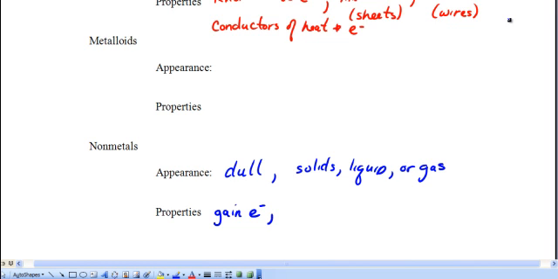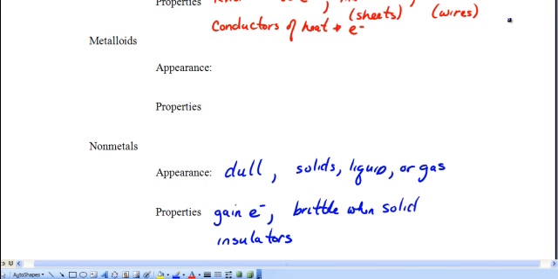Where metals are malleable and ductile, meaning that you can bend them, form them, draw them into wires, etc., nonmetals are going to be brittle when solid. And while metals are good conductors of heat and electricity, nonmetals are insulators. So it's not that nonmetals have their own set of properties, it's just that their properties are not metallic.